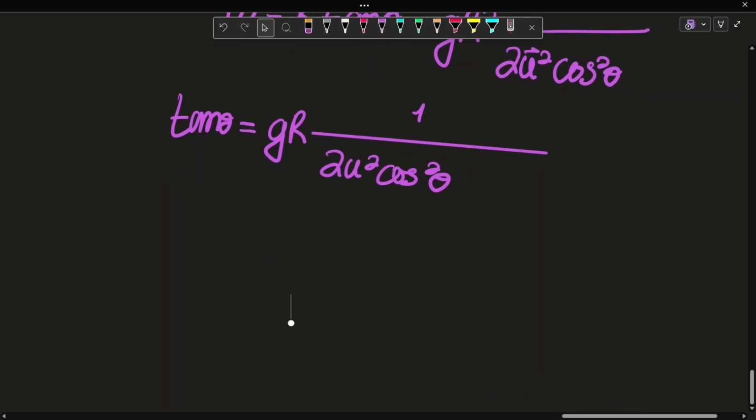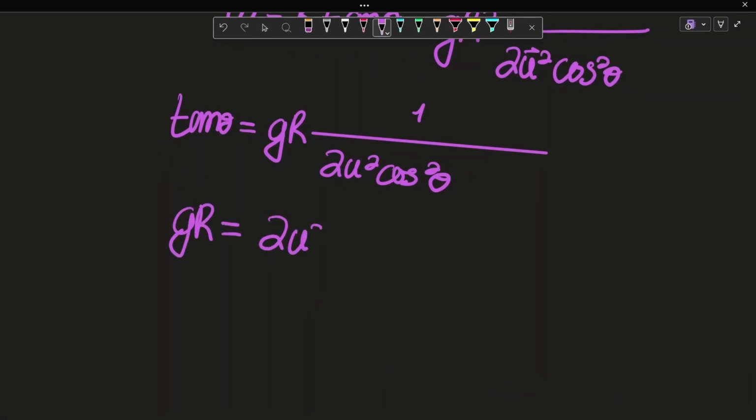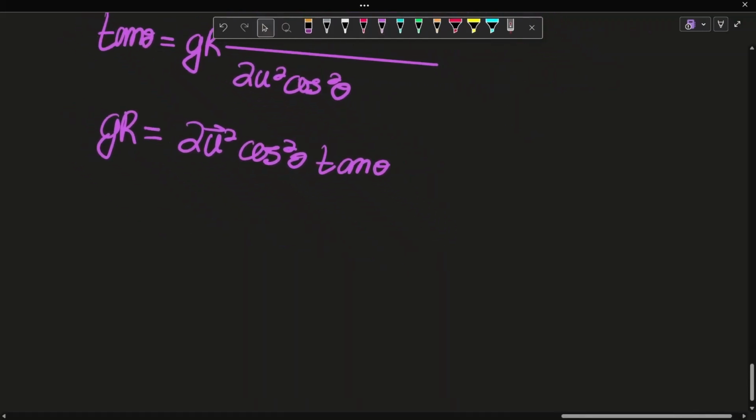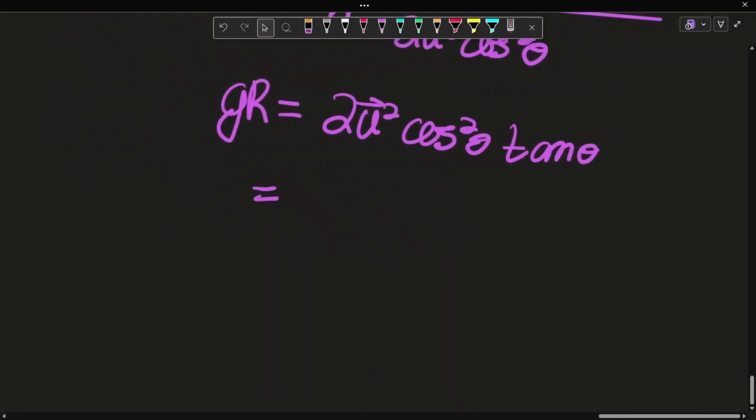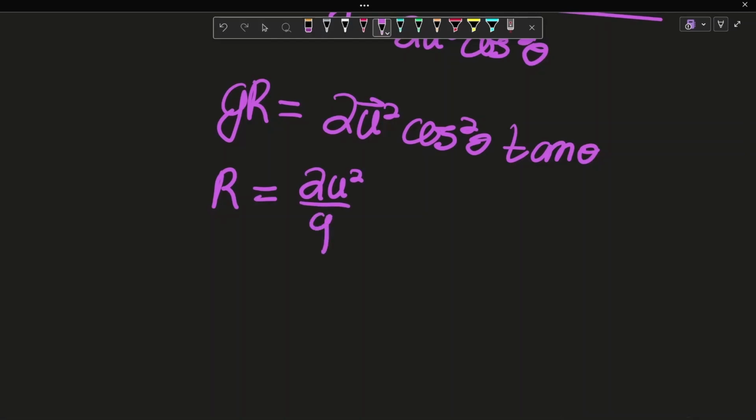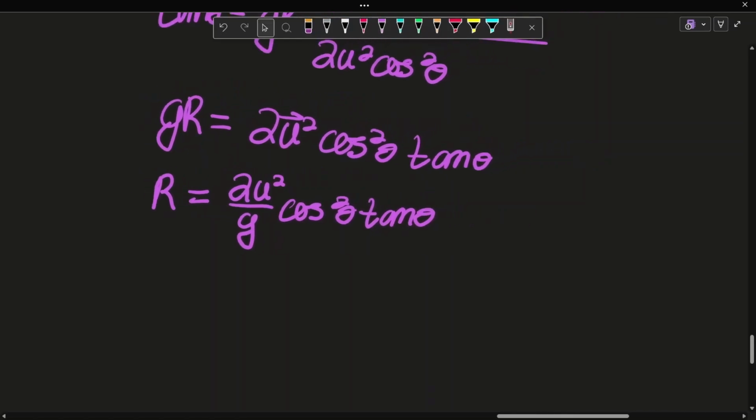Now what we see is that gr is equal to 2u squared cos squared theta tan theta. Now we can say that r is equal to 2u squared over g cos squared theta tan theta.